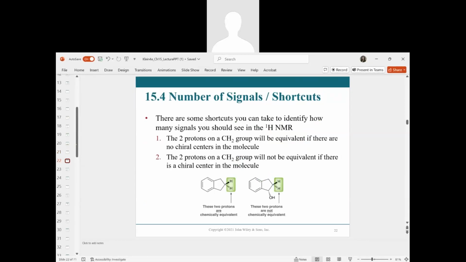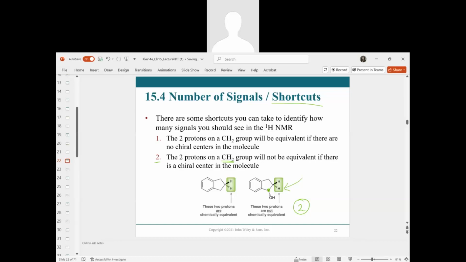So there are some ways to lessen the amount of time, to create some shortcuts when you're looking at compounds. As I mentioned before, when there is another chiral center, we can say that generally there may be a CH2 group that does not have chemically equivalent protons. So that's what we see over here. This is the rationale for 2 listed here. The 2 protons in this CH2 group will not be equivalent because we have another chiral center.